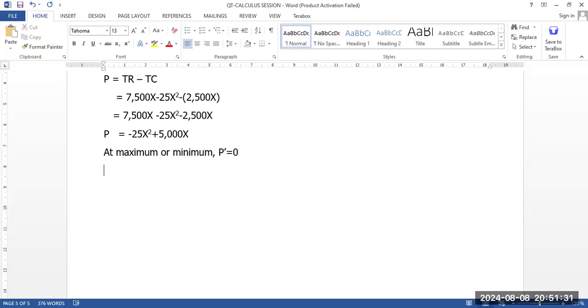So we need the first derivative of P, and it is equal to what? Who can tell me? We want to differentiate this.